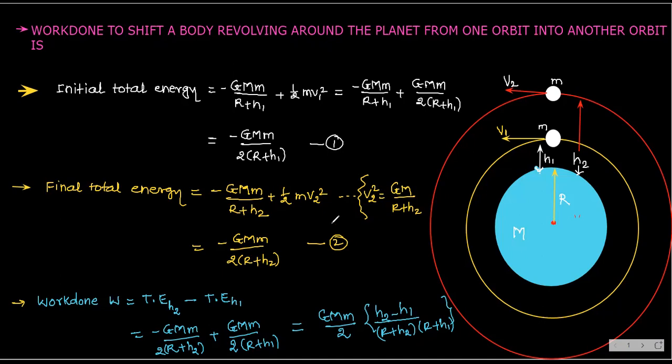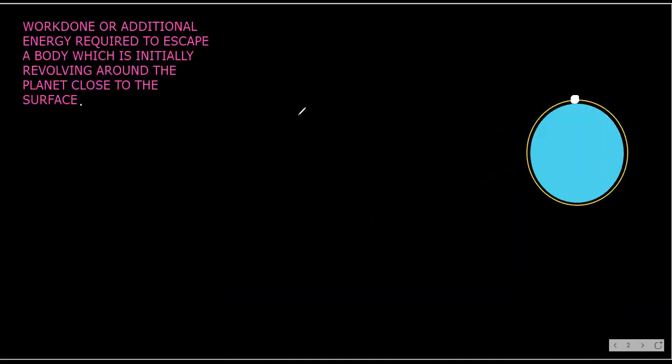Okay, finished? Right, let's move ahead. Now, this is the next topic or next case: work done or additional energy required to escape a body which is initially revolving around the planet close to the surface. You can see here, this is a planet and this is a body which is revolving very close to the surface.